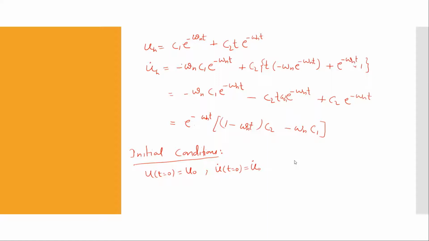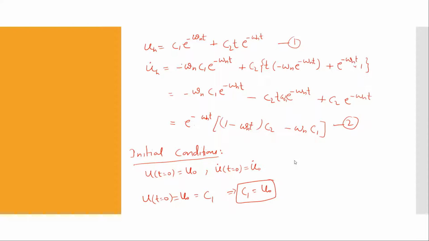So these are the initial conditions given, it may be 0, 1, anything. So we will put the value in the equation, let it be equation 1 and let this be equation 2. So we will substitute this value, that u at t equals 0 equals u naught would be equal to c1 e to the power t0, that would be 1, so c1, and c2 t, so t would be 0, so these would be 0, so c1, this implies that c1 is equal to u naught.